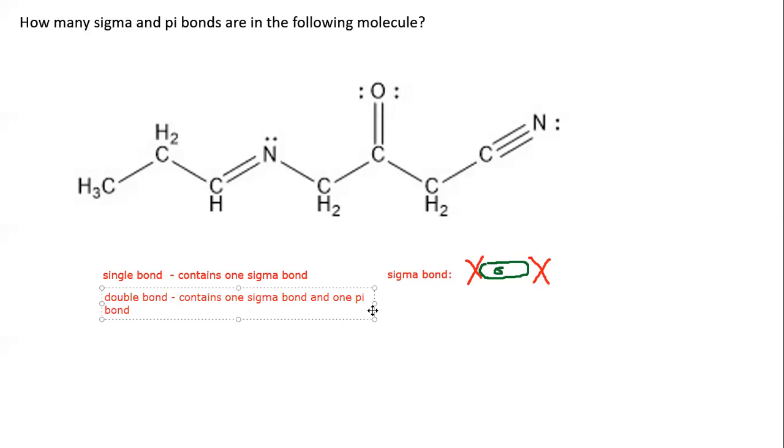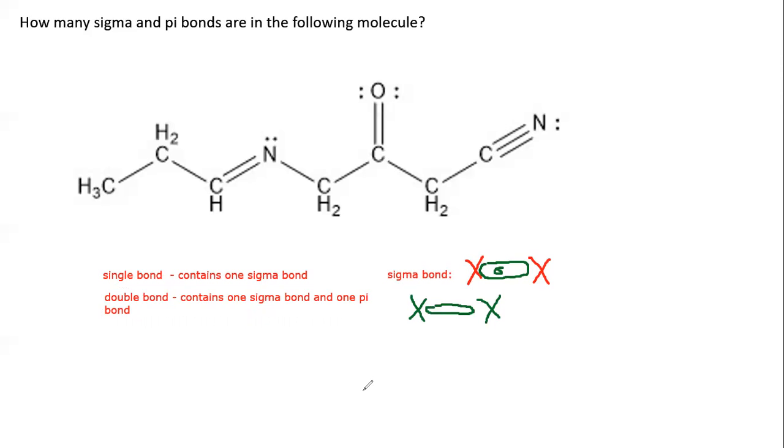So you see the difference. So with a double bond, if we draw 2 atoms X, again the sigma bond is the cylindrical lobe of electron density between the 2 atoms.